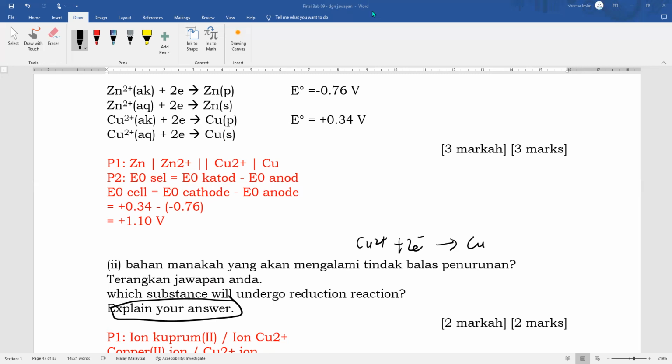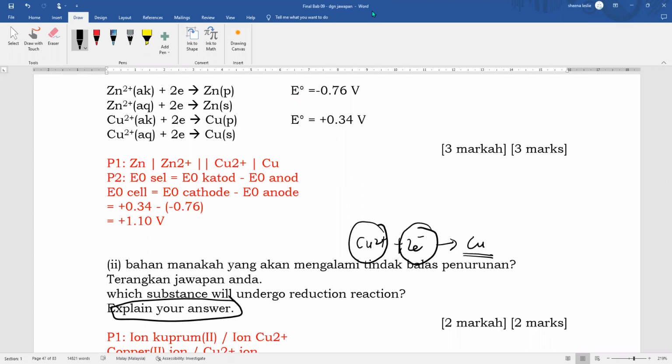You must say Cu2 plus donates 2 electrons. It doesn't donate. Isn't it donating? I'm not sure how to explain. Okay, now look at the Cu2 plus here. Cu2 plus is receiving electrons to become copper.